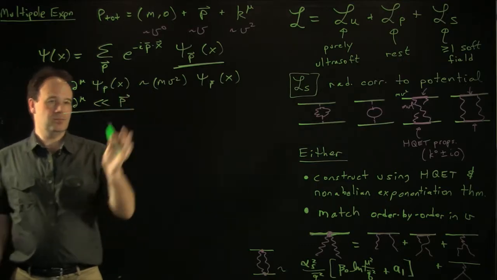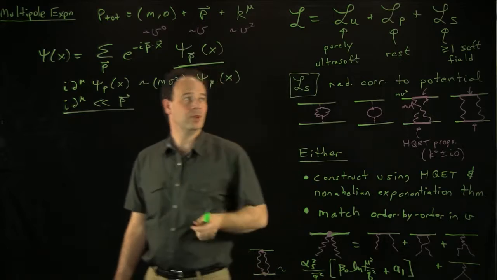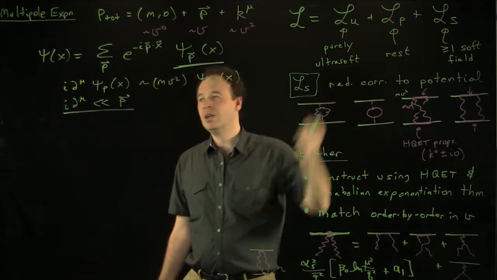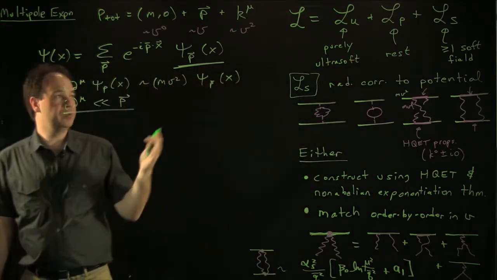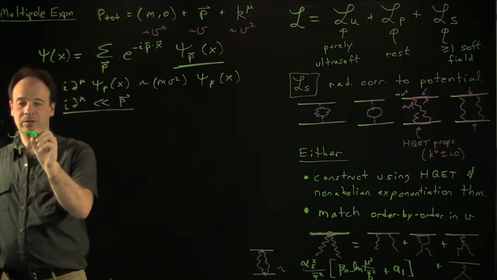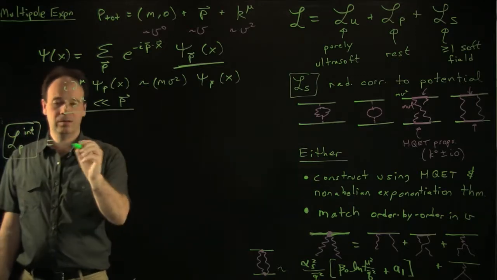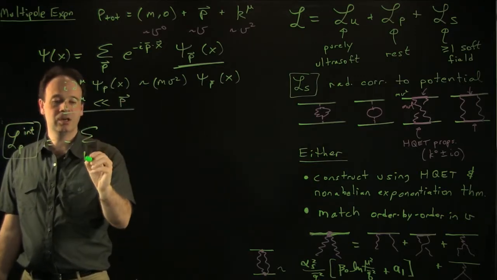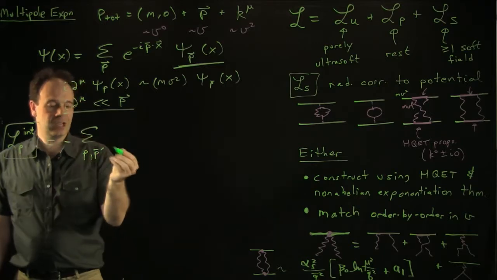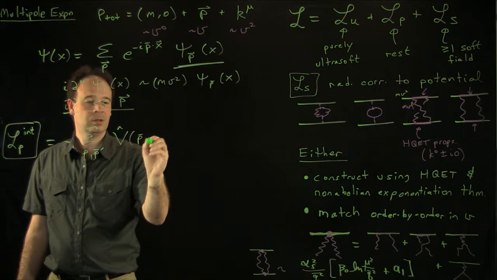All right, so let's adopt that notation and now talk a little bit about what kind of interactions are in this L_P. One of the types of interactions that's in the L_P is just the potential itself. So let's talk about L_P. And the potential in this notation here would have a sum over momenta, some coefficient, which is the potential.